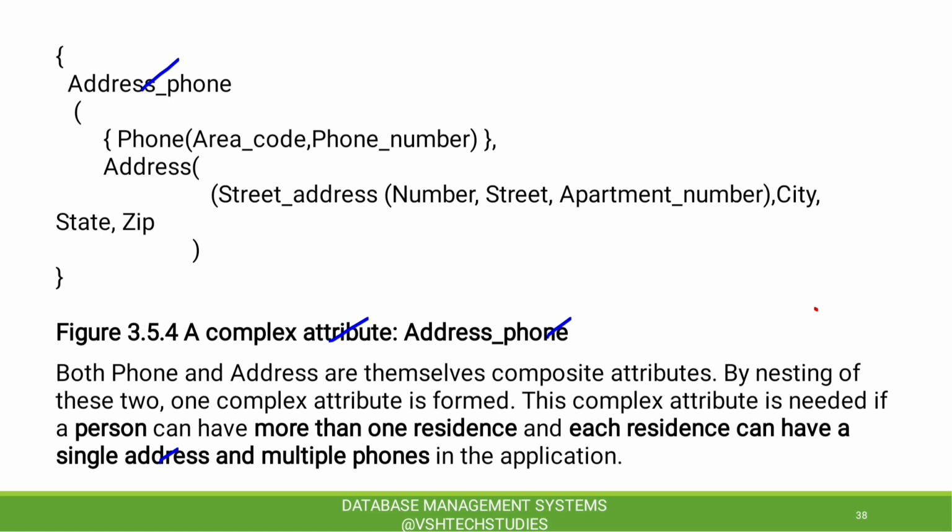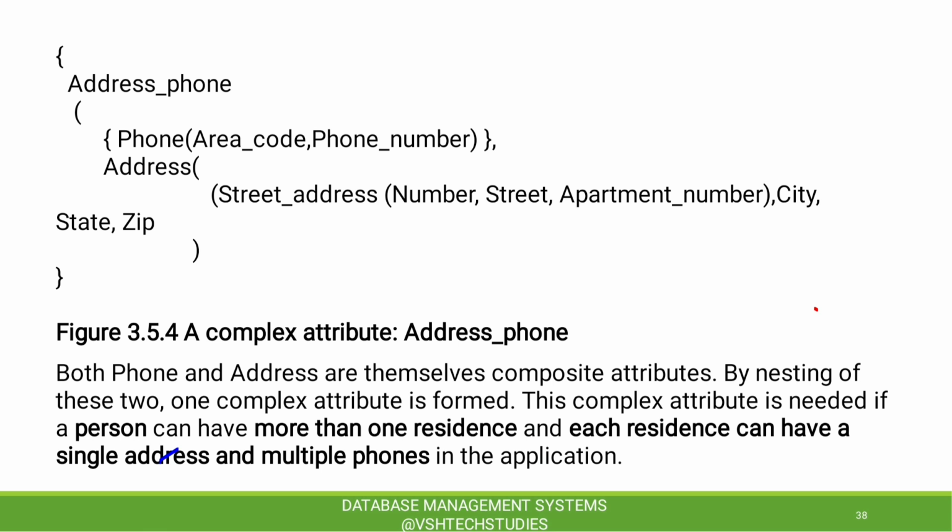This complex attribute address_phone is formed by nesting of multivalued and composite attributes. So address_phone is a multivalued and composite attribute because it can be further divided into two composite attributes: the multivalued composite attribute phone and the single valued composite attribute address.